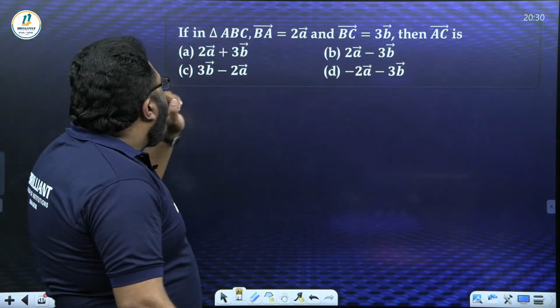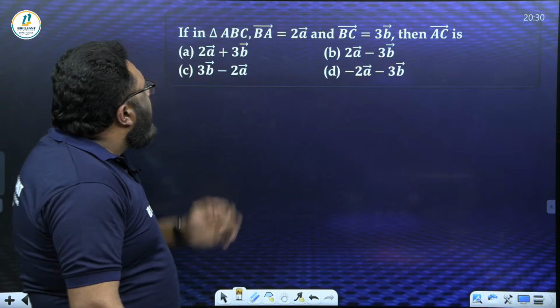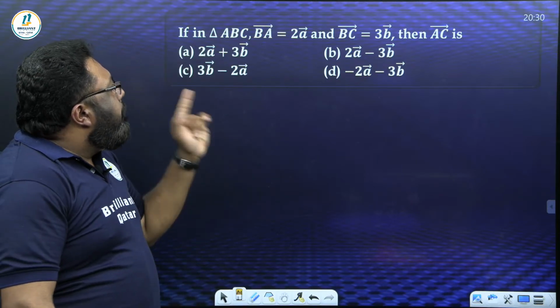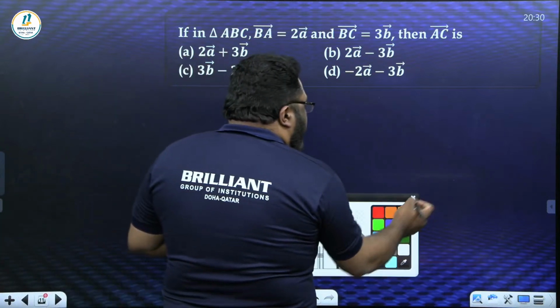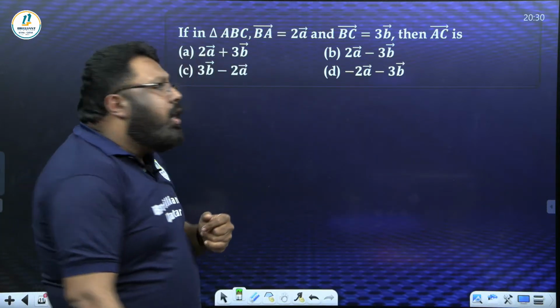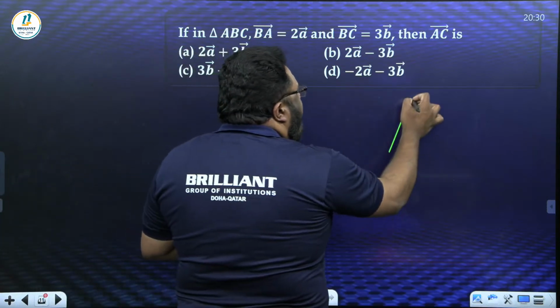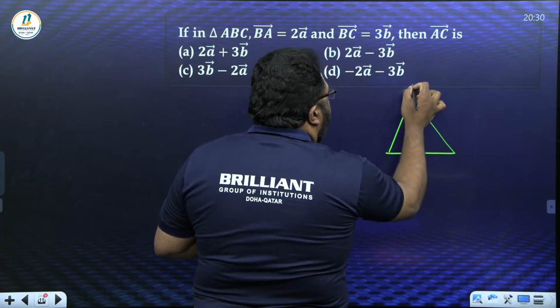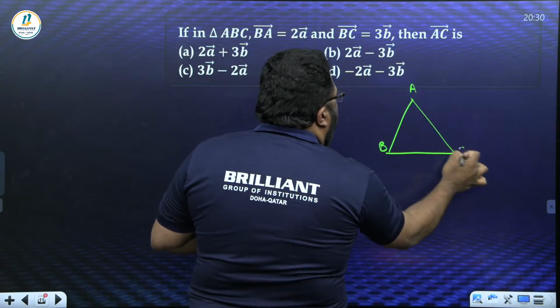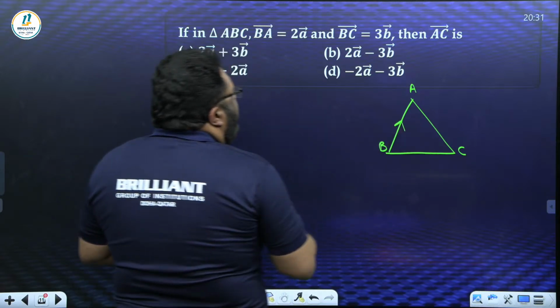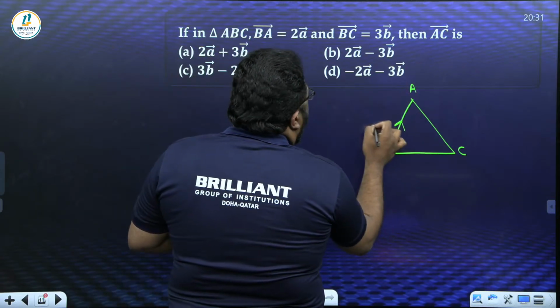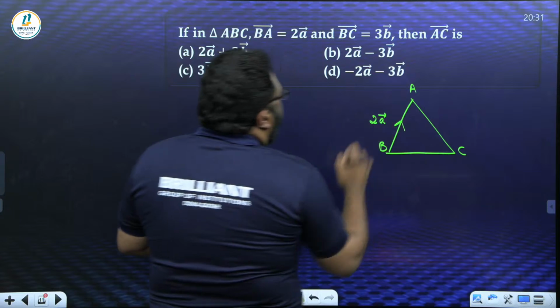Next question. If in a triangle ABC, BA equals 2a, BC equals 3b, then what is AC? Come on, they are bringing in the most famous triangle law of vector addition. I have a triangle ABC. They are saying BA, the vector in the direction BA equals 2a.